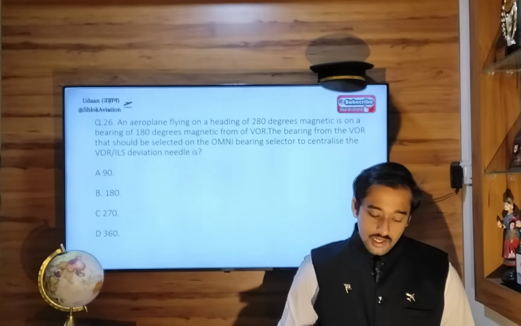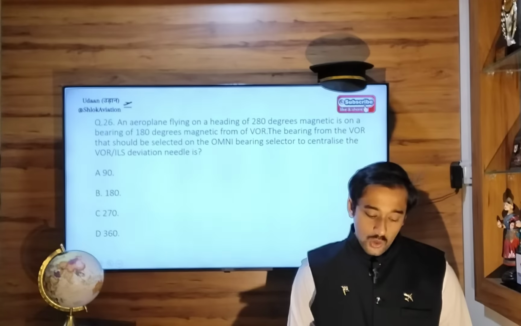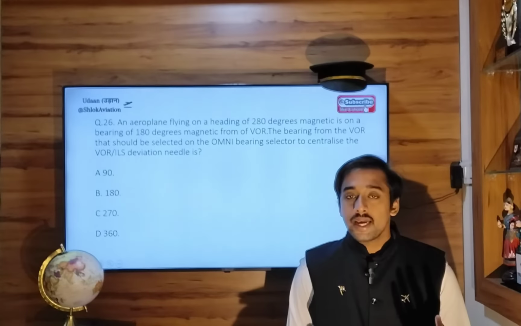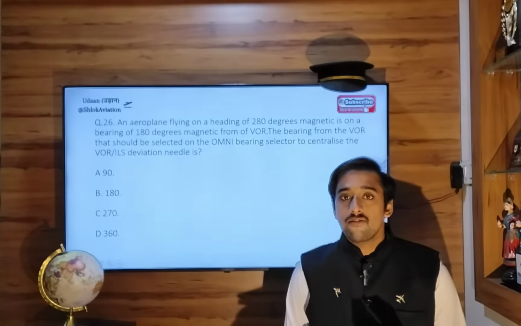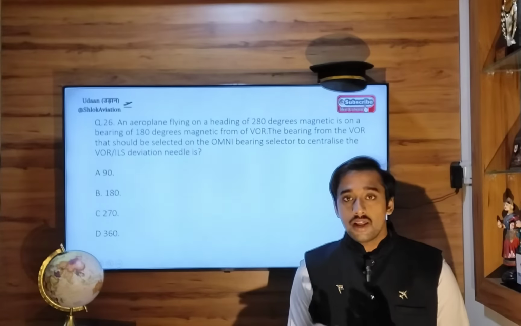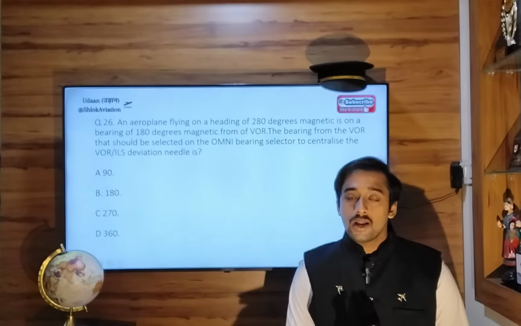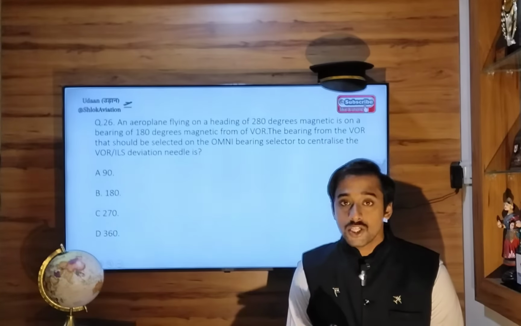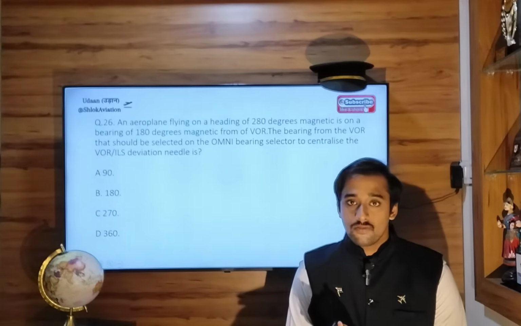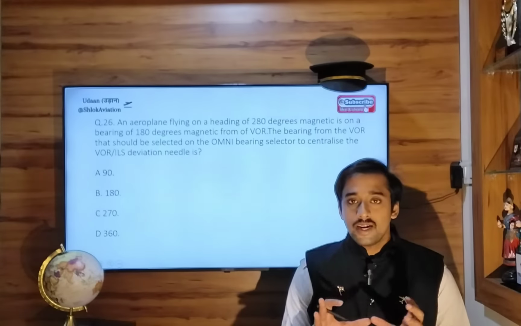Question 26. An airplane flying on a heading of 280 magnetic. Now here again, like the previous question, the magnetic heading of an aeroplane is irrelevant to the VOR because VOR is only concerned about aircraft position, the position on its radial. You can be heading in whatever direction.